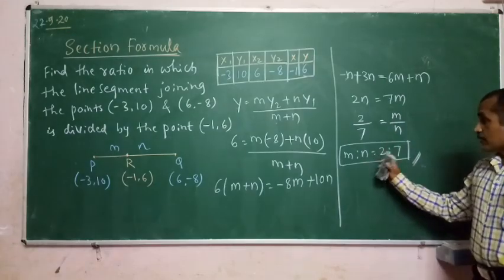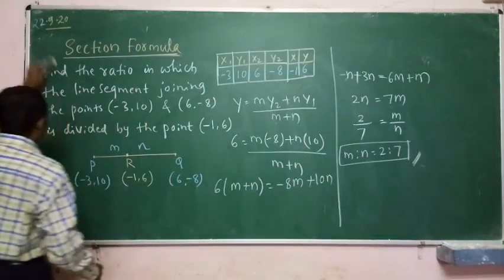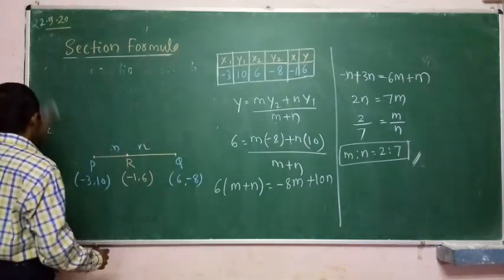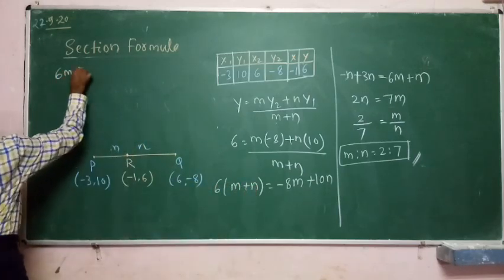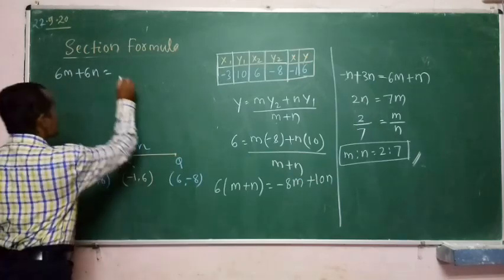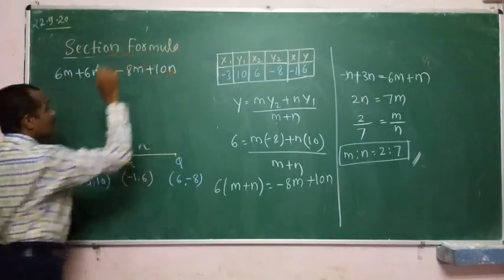My dear children, I expect the answer to be 2 is to 7. Okay, let us see what happens. Come on, open the bracket. 6m plus 6n is equal to minus 8m plus 10n.